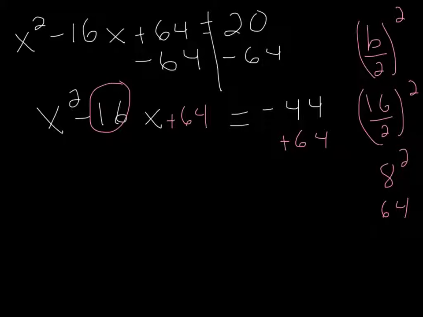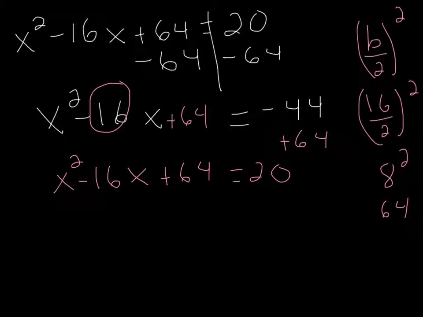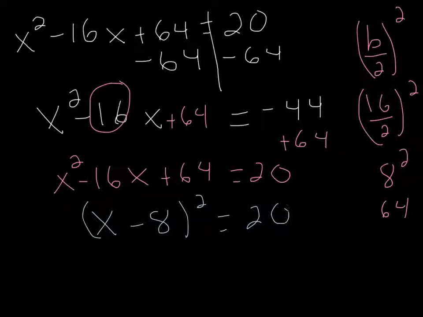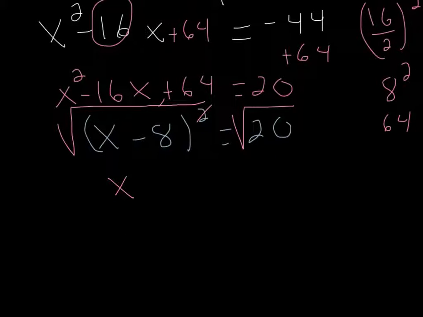Let's rewrite the steps. x squared minus 16x plus 64 equals 20. So factor the trinomial: x minus 8, all squared, equals 20. Take the square root of both sides.